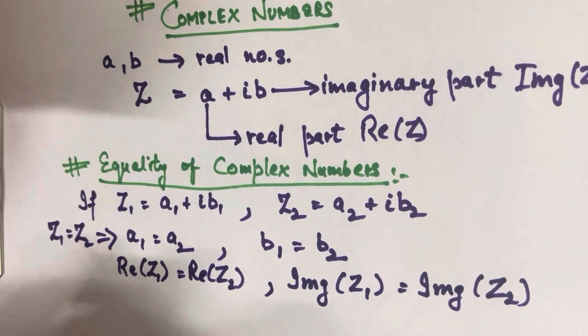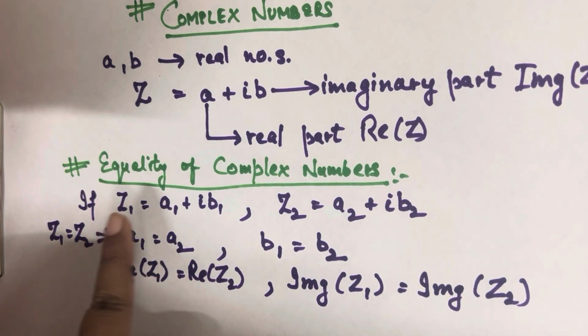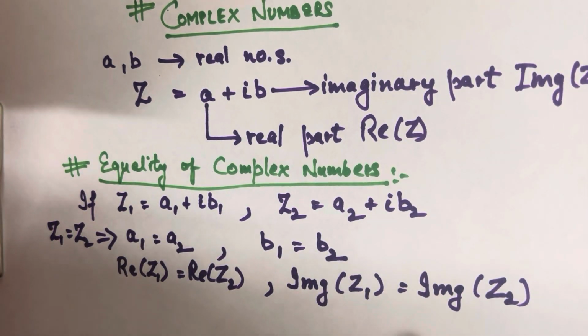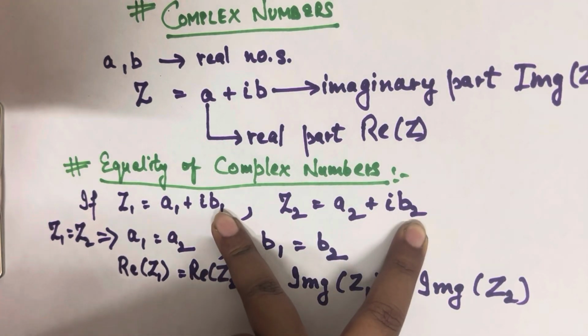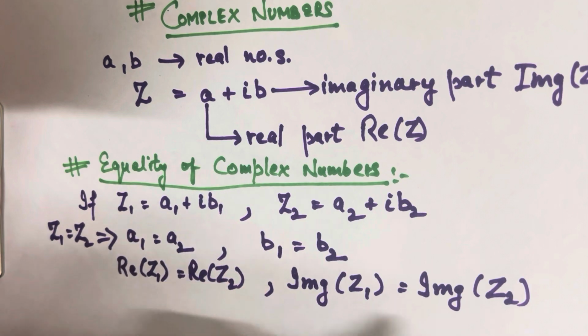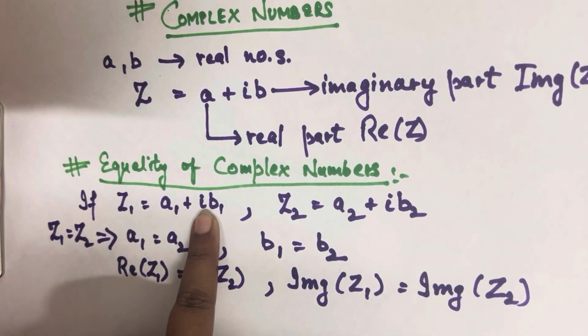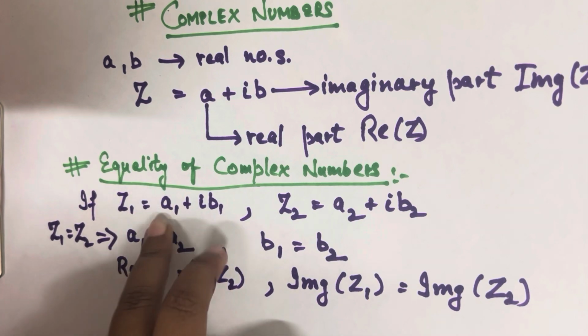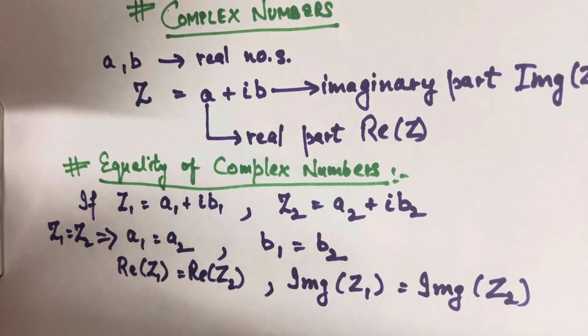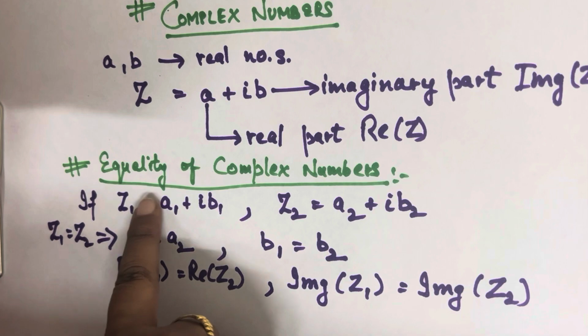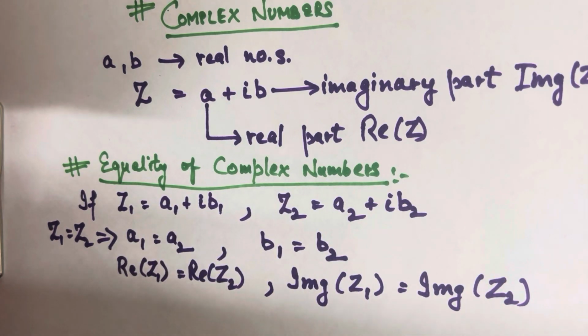So equating two complex numbers means equating the real and imaginary parts of both of them. That is, a1 will be equal to a2 and b1 will be equal to b2. So what are a1 and a2? You can simply distinguish with the help of iota. a1 will be the part without iota and b1 will be the part with iota, right? Similarly for z2. Now let's understand this equality of complex numbers with the help of an example.